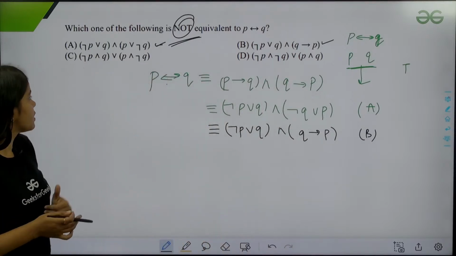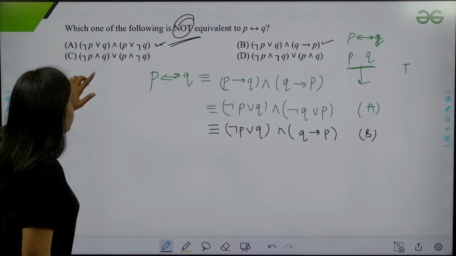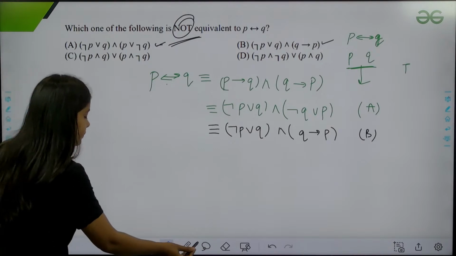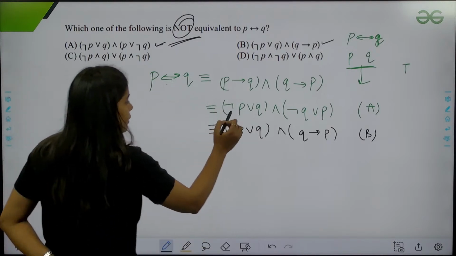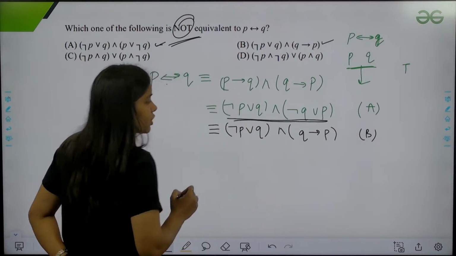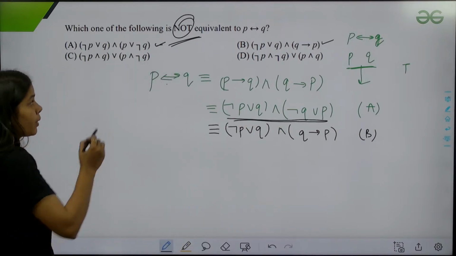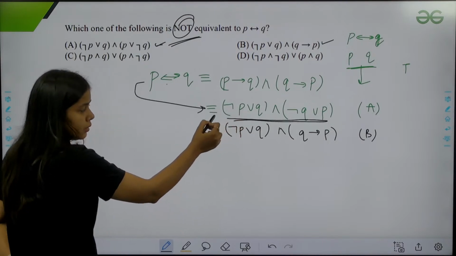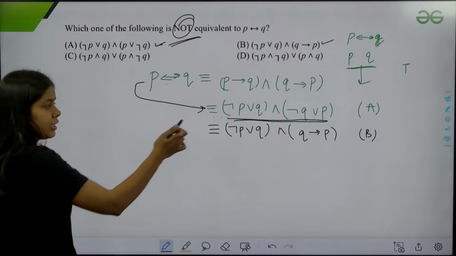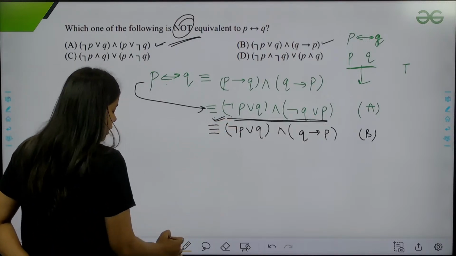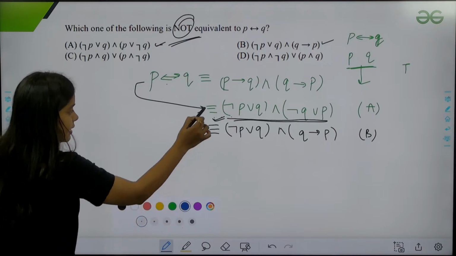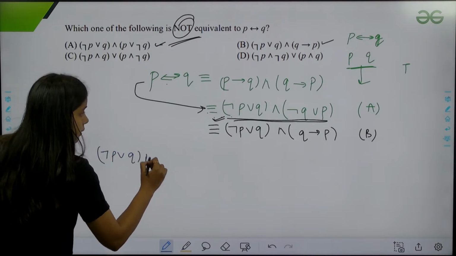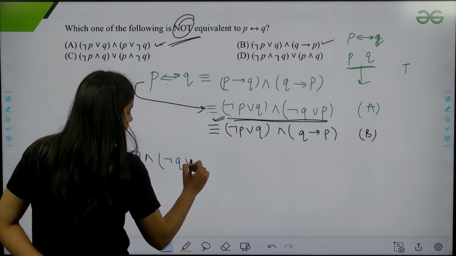Now let's see option C, negation P and Q or P and negation Q, right? Okay. So can I expand this as negation P or Q and negation Q or P? If P implication Q is equivalent to this, I can find out with which expression this statement is equivalent. So the expression here is negation P or Q and negation Q or P, right?